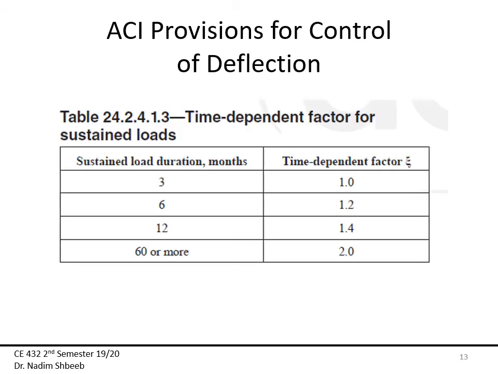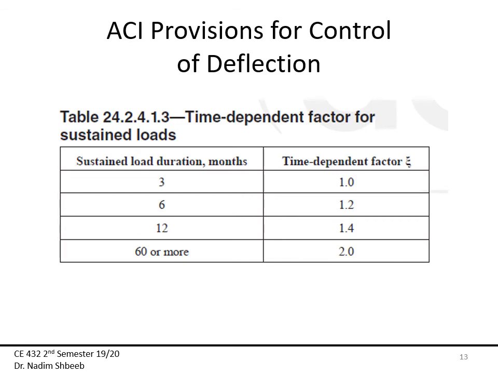The factor xi is 1 if this load is sustained for 3 months; for 6 months it is 1.2, 12 months is 1.4, then for 60 or more I multiply this by 2. If you need any duration between those, you can just do regular interpolation.